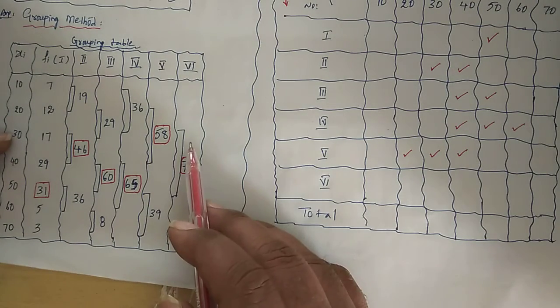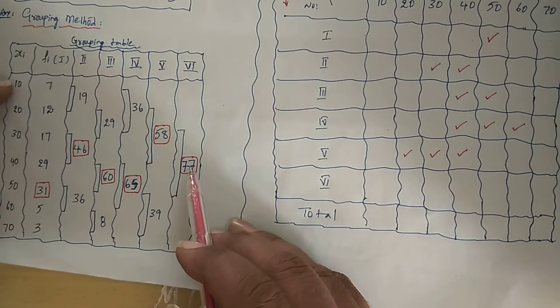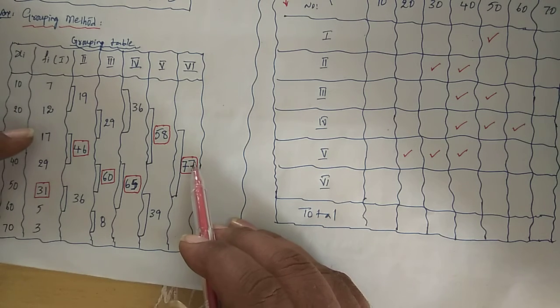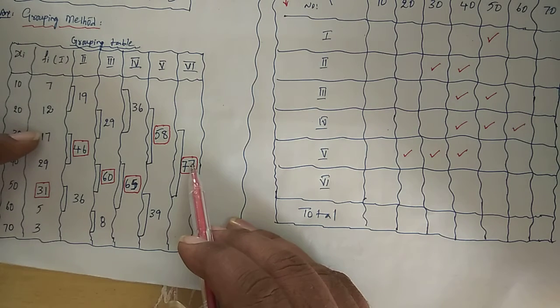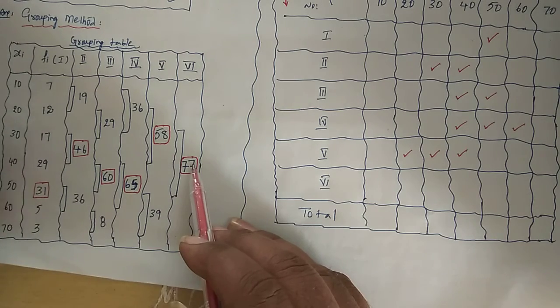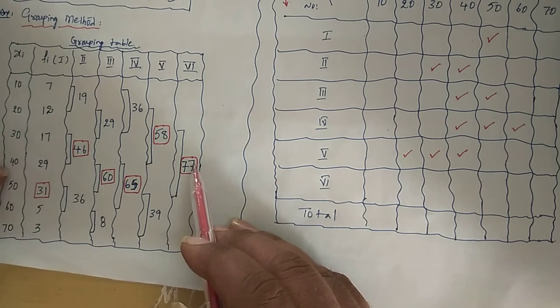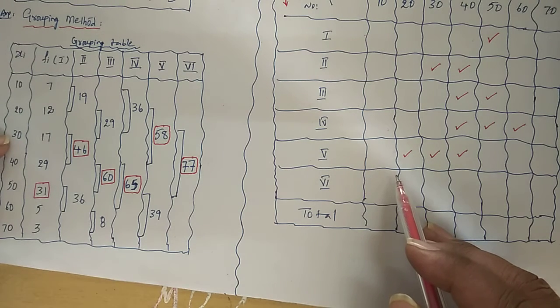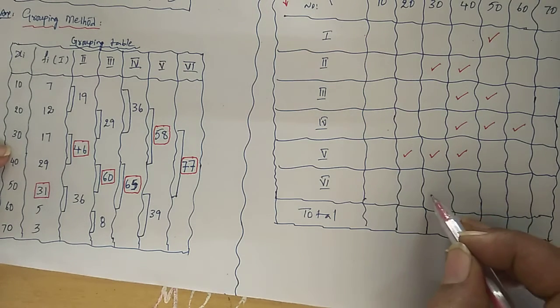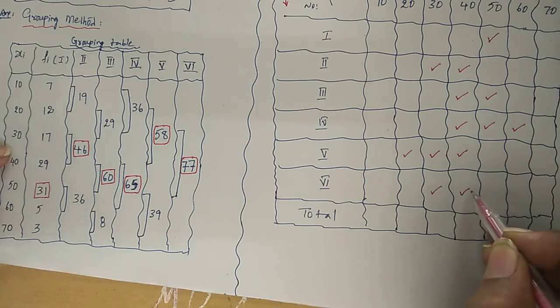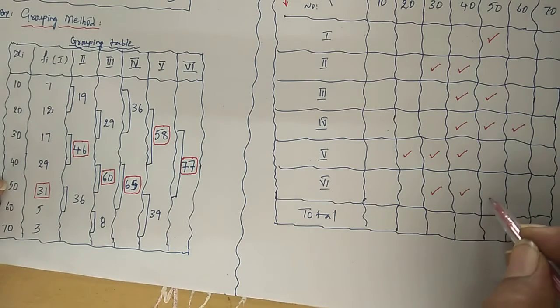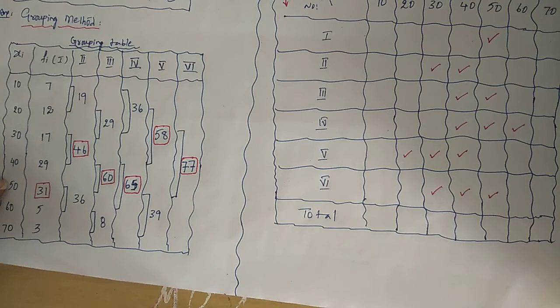In sixth column, how are you getting this total? By leaving first and second values. That means the 77 is the total of 17, 29, 31, which corresponds to 30, 40, 50. So sixth column, 30, 40, 50. Okay. That's all.